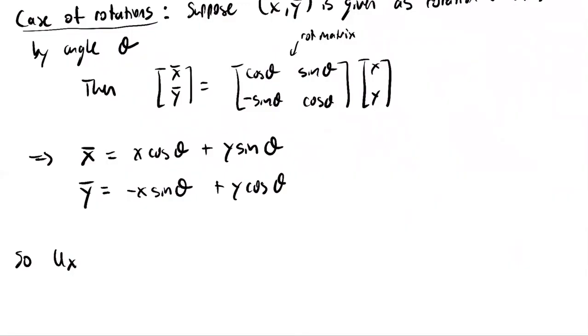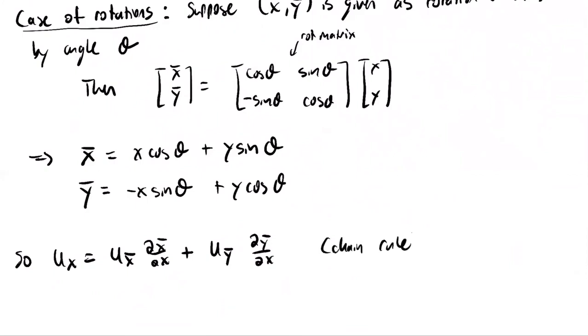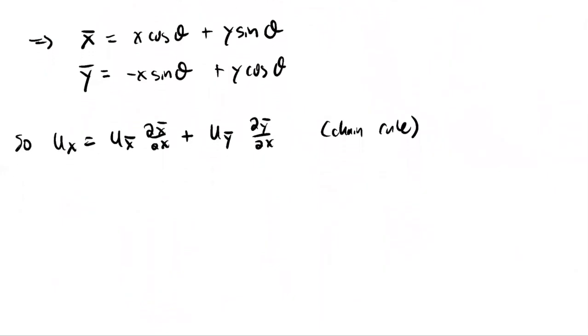So let's first look at the derivative with respect to x and try to write this in terms of x bar and y bar. If I use the chain rule, this is equal to the derivative of u with respect to x bar times dx bar dx plus the derivative of u with respect to y bar times dy bar dx. So this is the chain rule. And so therefore, we get u_x is equal to, well, what is dx bar with respect to x? x bar is equal to x times cosine theta plus y times sine theta.